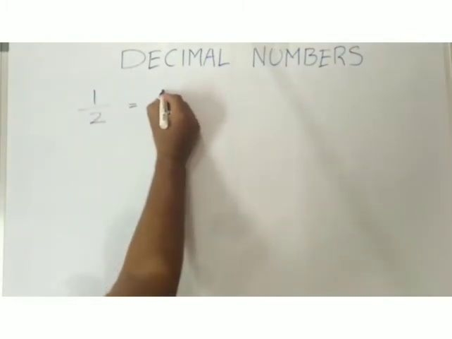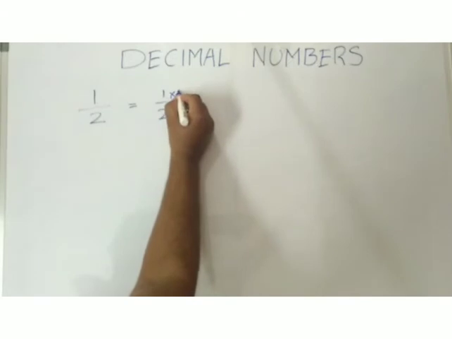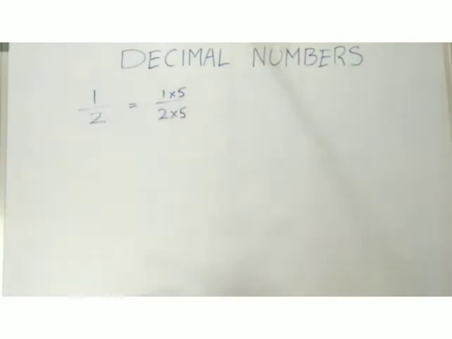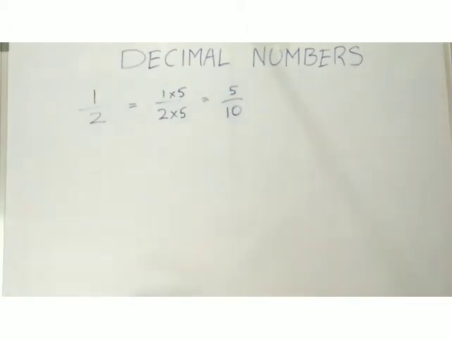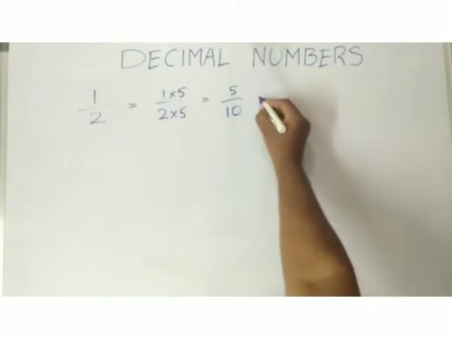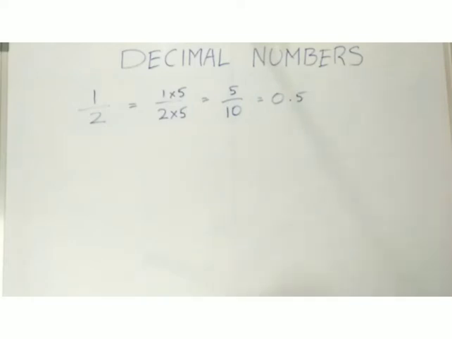See, now I am writing 1 by 2 into 5 by 5, because if I multiply the 2 by 5 then I will get 10. That's why I used the 5 table. Now it's 5 by 10, so we can write that as 0.5.